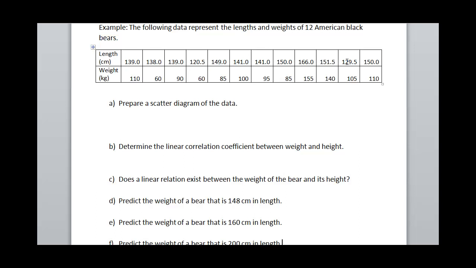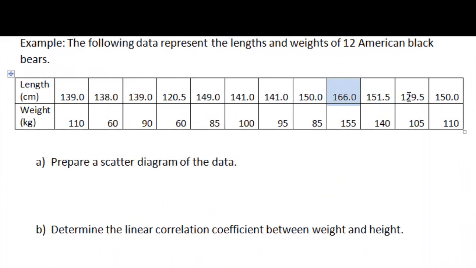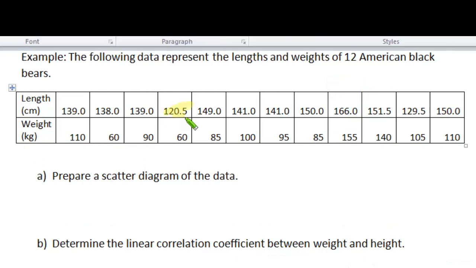So you can go a little bit outside of it. For instance, when I look at this data, it looks like the minimum value is about 120, and the maximum value is 166. So, I might feel comfortable making a prediction at 170. I may even make a prediction at 180. But for the example that we're looking at now, it asks us to make a prediction about a length of 200. That's very far outside of my observed values, and the pattern can change.